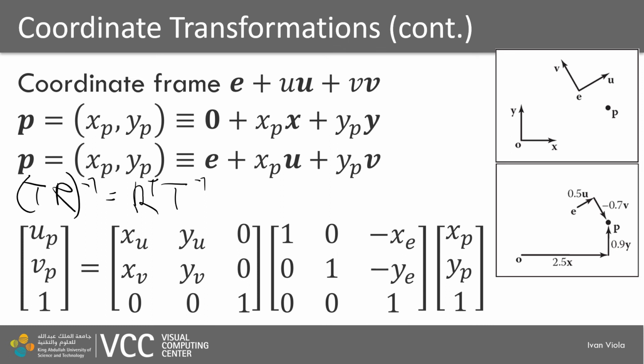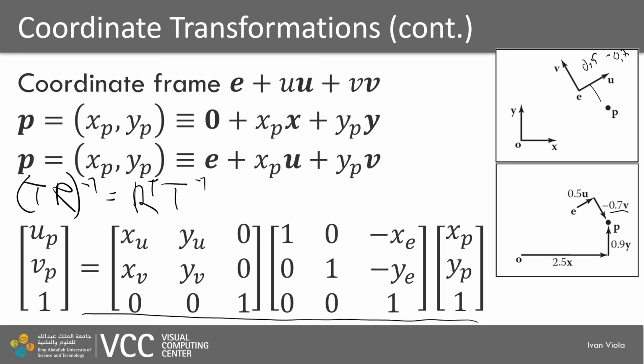And we can see this matrix exactly here. So if we want to get the point P into the UV coordinates, U will be 0.5, and as we can see here, it's not -1, but minus 0.7.